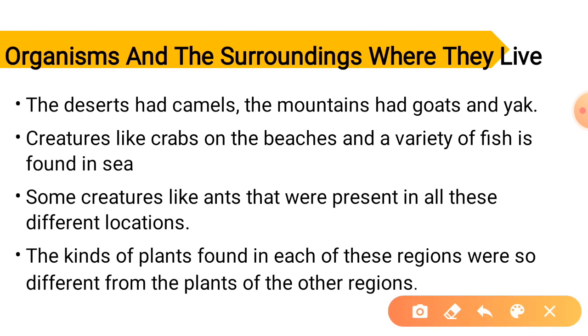If you ever visit a desert area, you will find a camel easily. In a mountain region, you will easily find a goat and yak. Look, if you ever visit beaches, then there will be crab. In the sea, there is a large variety of fish. So, these are the organisms which you expect to find in these places.